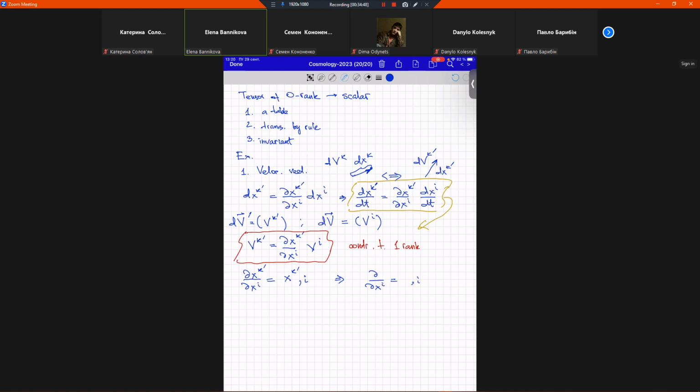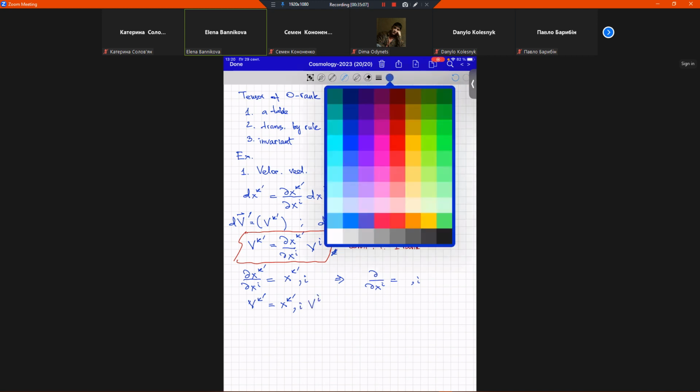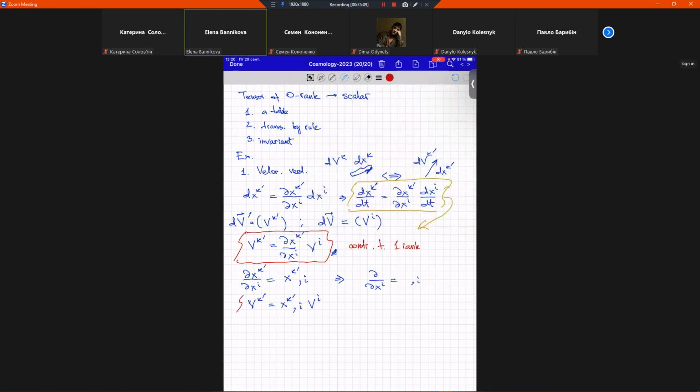In this case, we can write the same expression as v_k prime equals x_k prime, comma i, v_i.